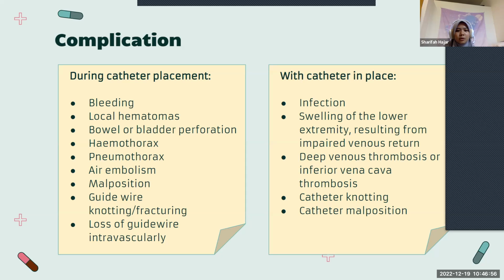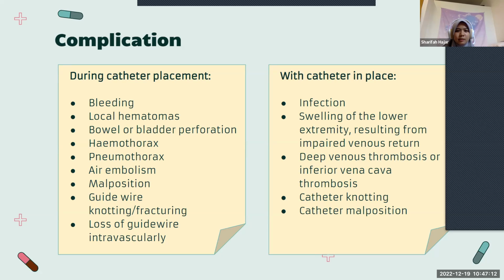Air embolism is more common in cannulation of the subclavian or internal jugular vein. Guide wire or catheter fragment embolus can be avoided through a very meticulous technique.